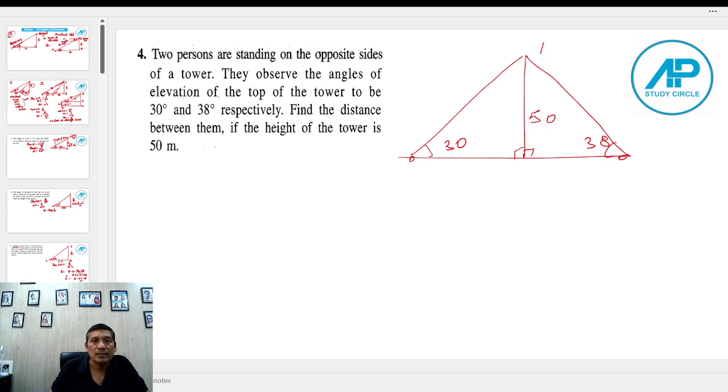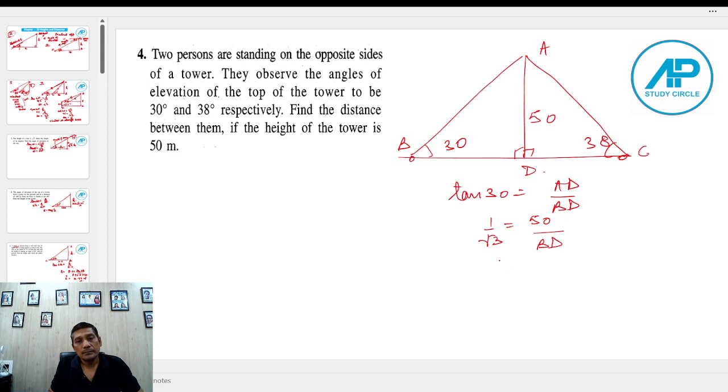These are angles of elevation. Okay, so tan 30 is, and the value is 50 root 3.